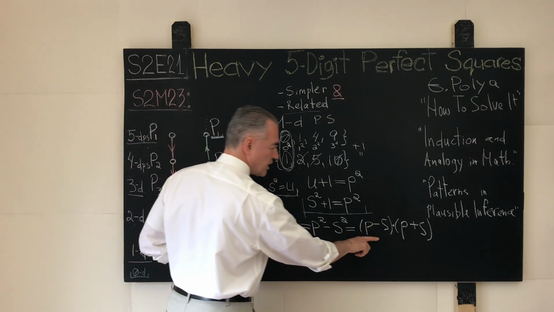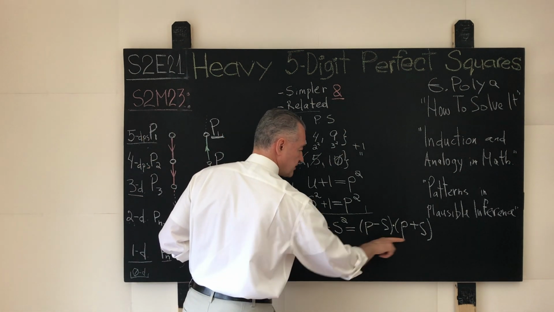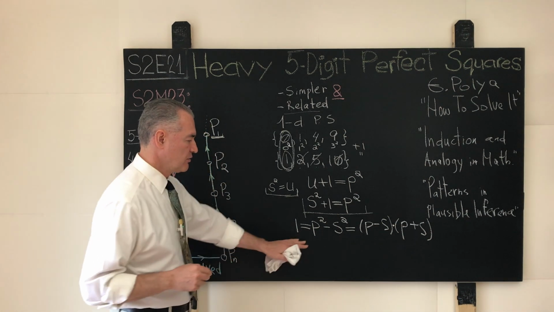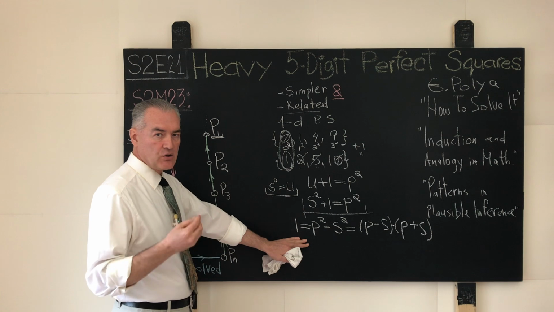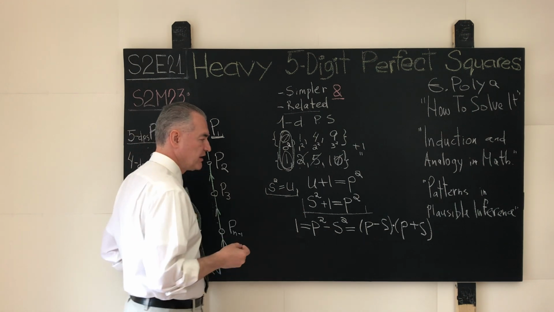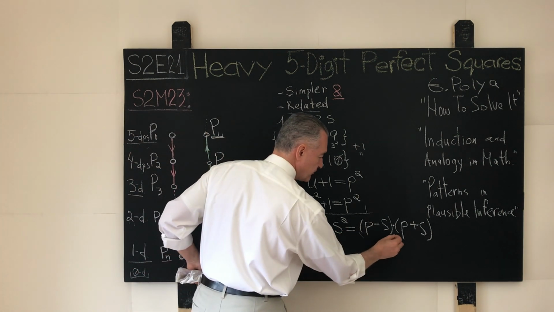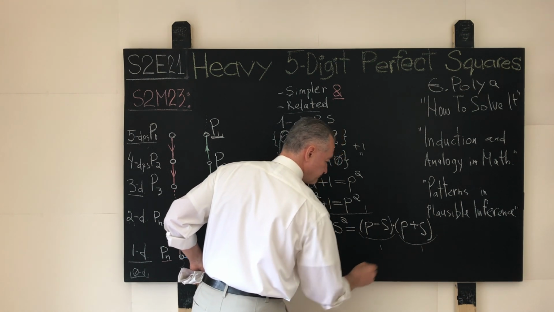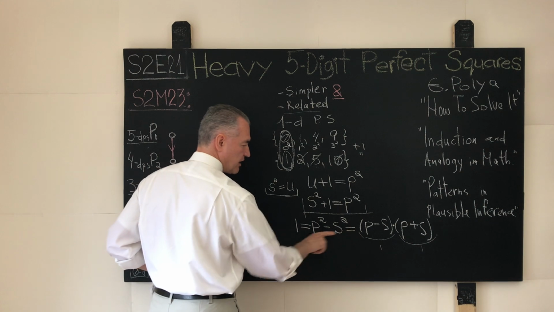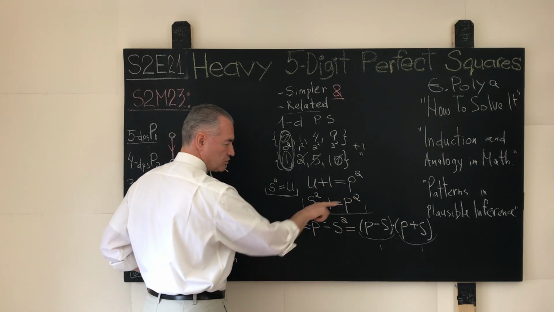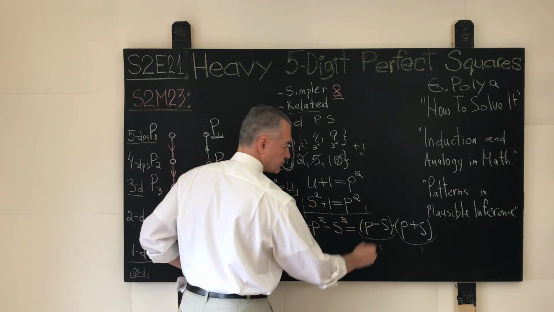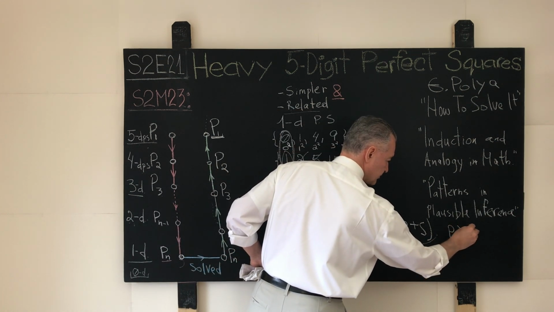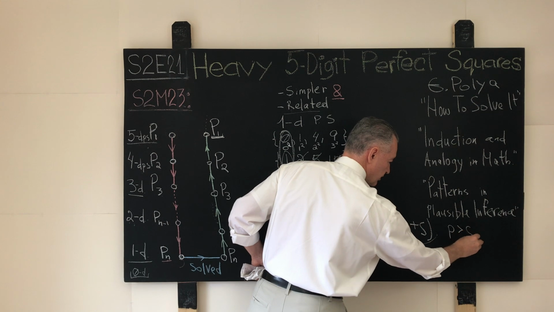So now we have a product of 2 positive whole numbers that yield 1. How can this work ever? The only way this can work is when each and every factor in this product is 1. And also, by the nature of what is going on over here in this problem, we also think that the number P must be strictly larger than S.